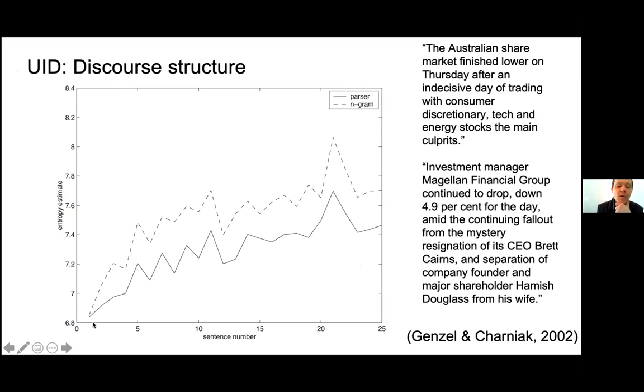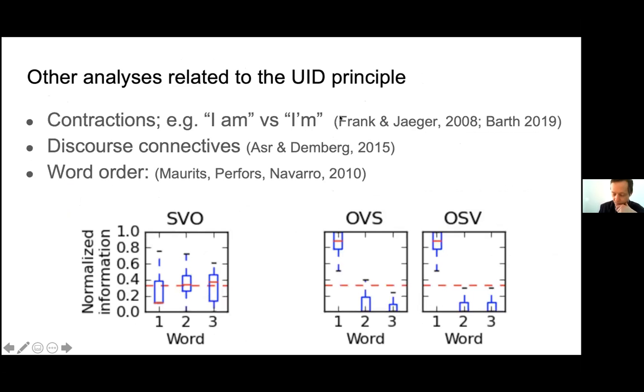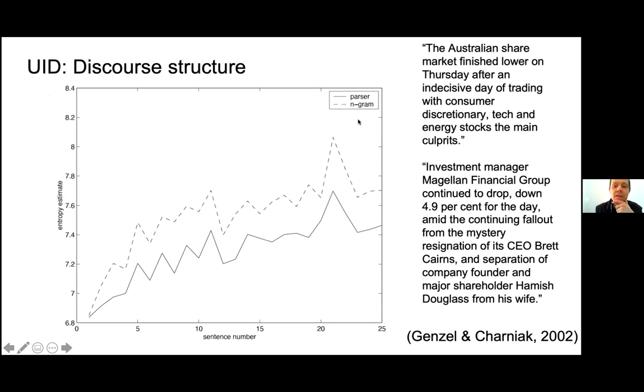And their finding was that as you move on in a discourse, the predictability of the sentences increases. So when you look at this first, you might think, well, this is inconsistent with the uniform information density idea. I would have expected the entropy to be constant. After all, information density is meant to be a constant over time. But Genzel and Charniak argued that these really simple models are computing entropy only at the level of a sentence. They're not taking the full earlier context into account.